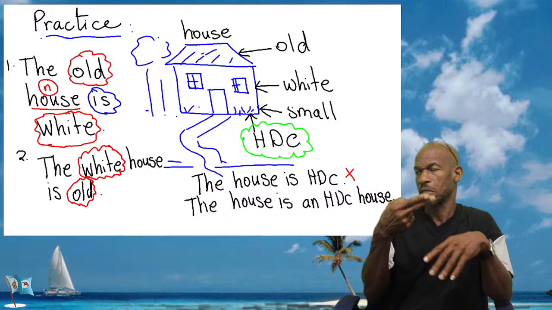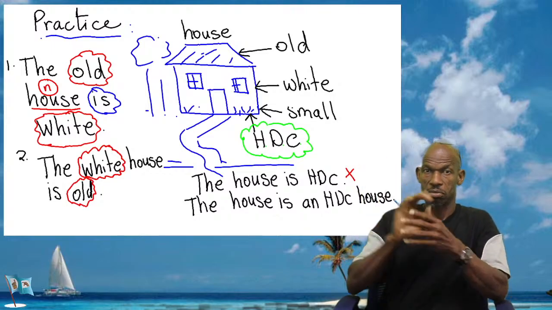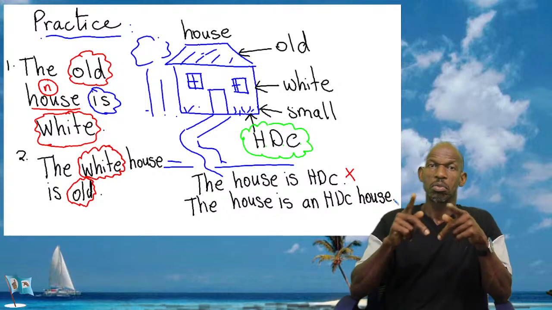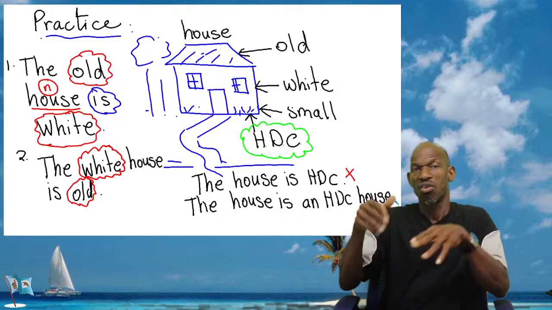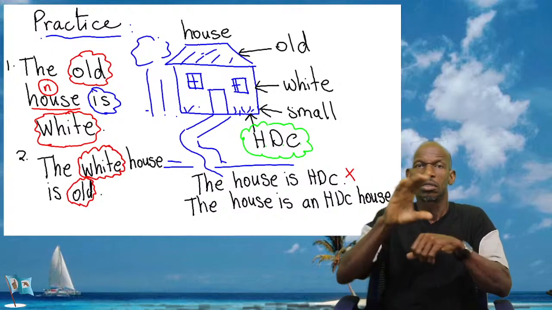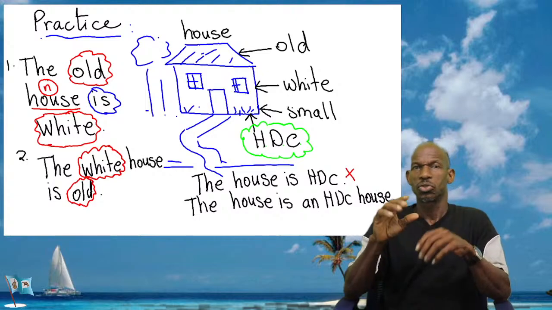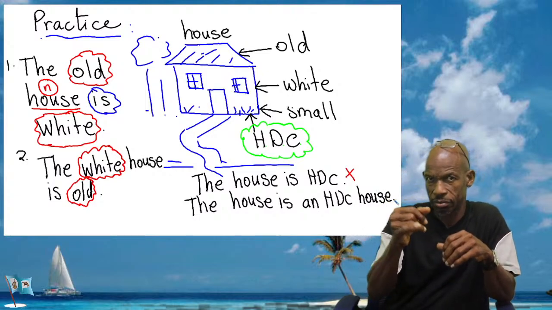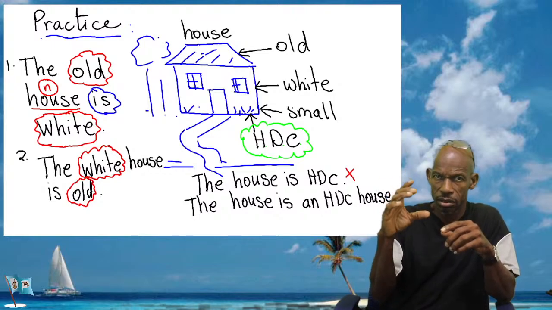The house is church. Because in this house, maybe people go to church in this house, what it is used for. But I cannot say the house is church, because church by itself is not an adjective. I can't say the house is HDC, because HDC is a noun, the name of a place.